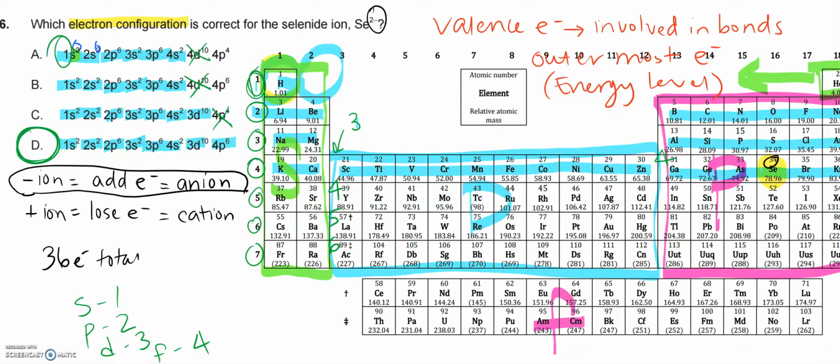So if I'm looking at this one, my 4th energy level is my highest one. I said that the superscripts represent the electrons, so I would have to take 2 plus 6 to get 8. There are 8 valence electrons in Se2 negative.